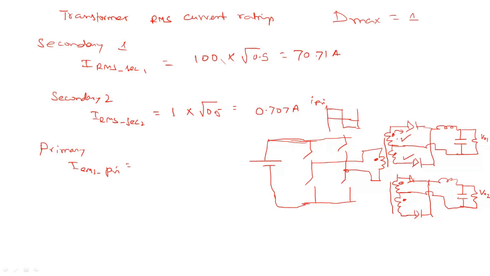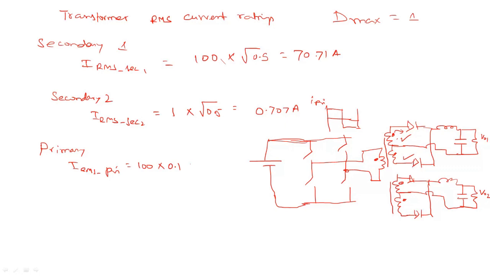Okay. So IRMS primary has contributions from both these output voltages and their respective currents. For the first output, it's 100 amperes on the secondary times the turns ratio, which we calculated was 0.1. But that's not the complete load current component. There is also a load current component on the primary due to the second output.